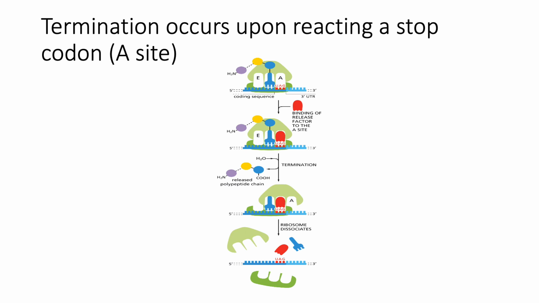What comes in is called a release factor. The release factor is a cluster of proteins that fits into the A site, interacts with the UAG, which is the termination site, and then it triggers the termination reaction.